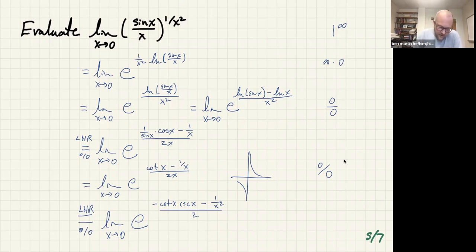Because these two things are both going to plus infinity or both going to minus infinity, according to whether your x is positive or negative, this thing here is going to positive infinity, because if it's two negatives, the negatives cancel. But positive infinity, and then a negative out in front of it. So we've got a negative infinity minus another infinity, so we're getting something that is minus infinity.